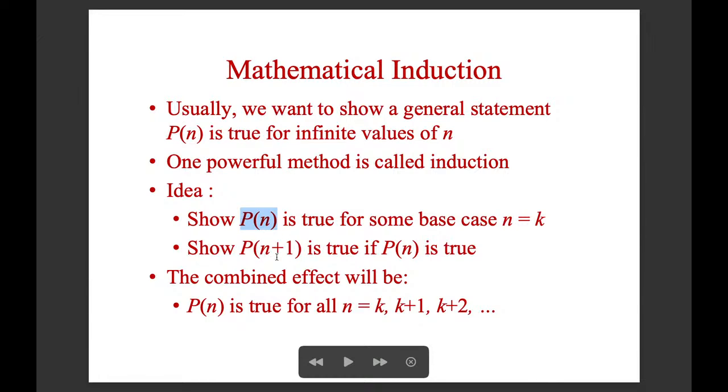And since P of k plus 1 is already true, we apply the second statement again, and we know that P of k plus 2 is also true. So by working with these two statements one by one, we can show that P of n is true for all n, starting from k, k plus 1, k plus 2, up to infinity.